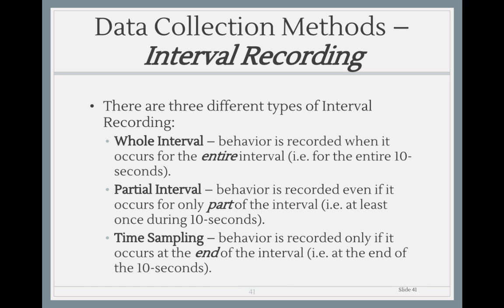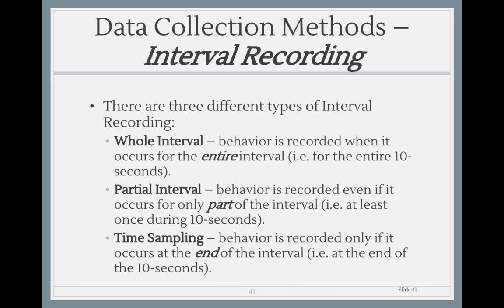A student may blurt out for 2 or 3 seconds of a 10-second interval. If you are using partial interval recording, you would count that blurting out even if it only occurred for part of the interval.